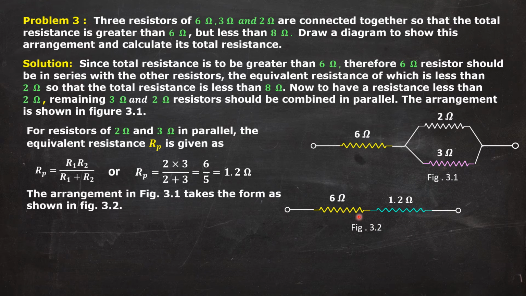Again, these two resistors are in series, and to get the equivalent resistance we just have to add these two values. 6 plus 1.2, we get 7.2 ohms. So the total resistance of the arrangement is equal to 6 plus 1.2 equal to 7.2 ohms. This is the required answer.